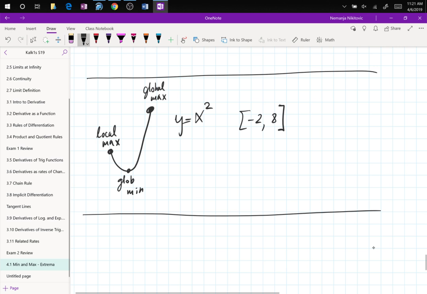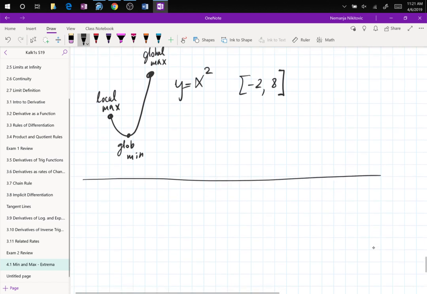So now, what is the story when you have a domain that's like this, on a closed interval? Well, in addition to working out the derivative in the middle, we also have to calculate endpoints.